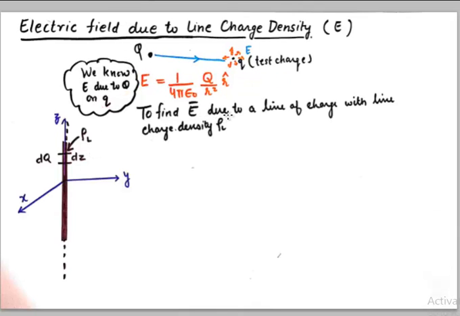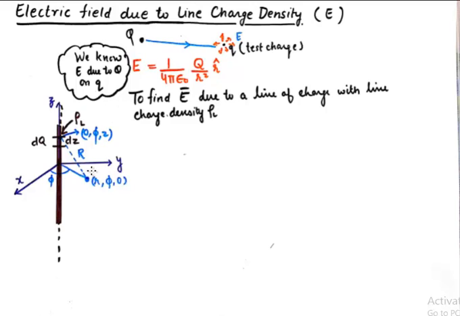The objective here is to find the electric field intensity due to a line of charge with line charge density rho L. For that, for the sake of simplicity, I've taken up this coordinate system and I'll take up a point somewhere here on the xy plane, and on the z-axis I've taken up a line of infinite length which has a line charge density of rho L. So if I take up a point here, let us say this point is x, and you know that this point x has coordinates r, phi and 0 in cylindrical coordinate system.